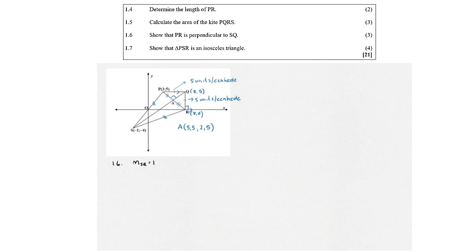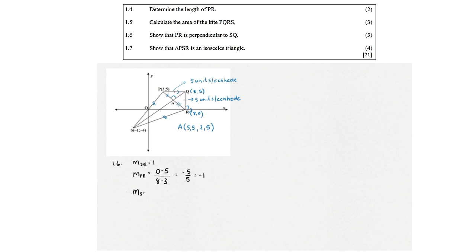The gradient of PR is the difference in the y coordinates of P and R divided by the difference in the x coordinates of the 2 points. And that is 0 minus 5 over 8 minus 3. That simplifies to negative 5 over positive 5, and that equals negative 1.